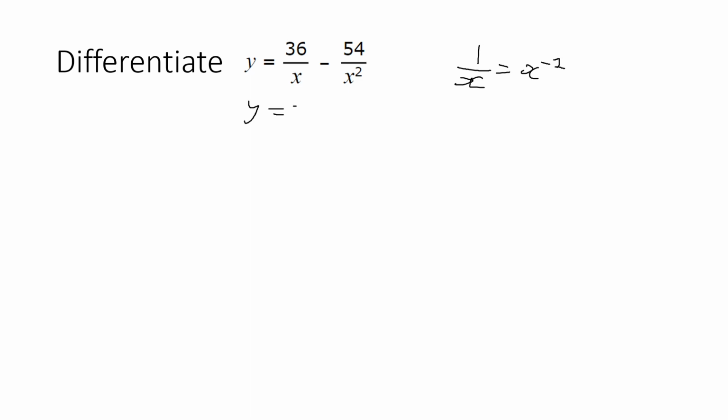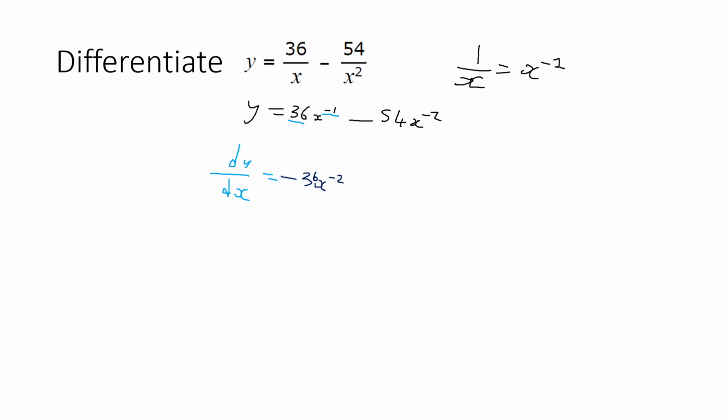y is going to be equal to 36 times x to the minus 1 minus 54x to the minus 2. And now we can differentiate as normal. So dy by dx is just going to be minus 1 times 36, which is minus 36x to the minus 2.